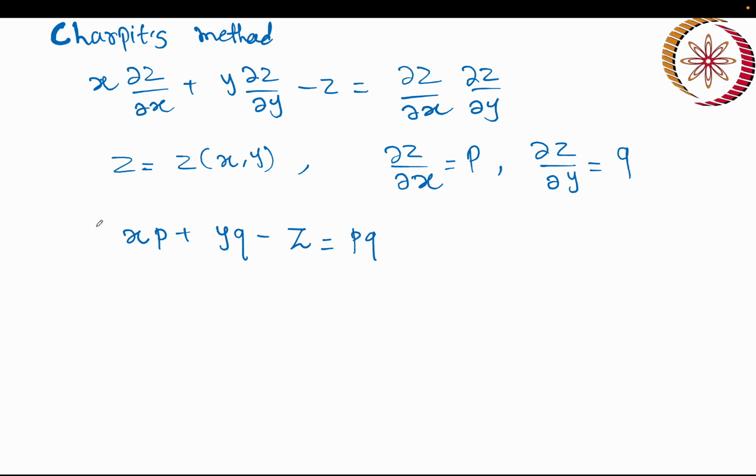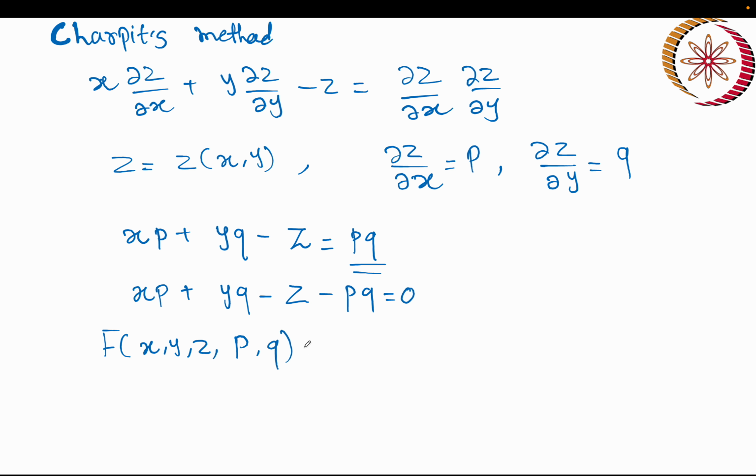Okay, so this is the equation that we have, and if we take this term on the left hand side, what we'll get is xp plus yq minus z minus pq equal to 0, and we can call this whole equation f of x, y, z, p, q, which is nothing but xp plus yq minus z minus pq equal to 0.